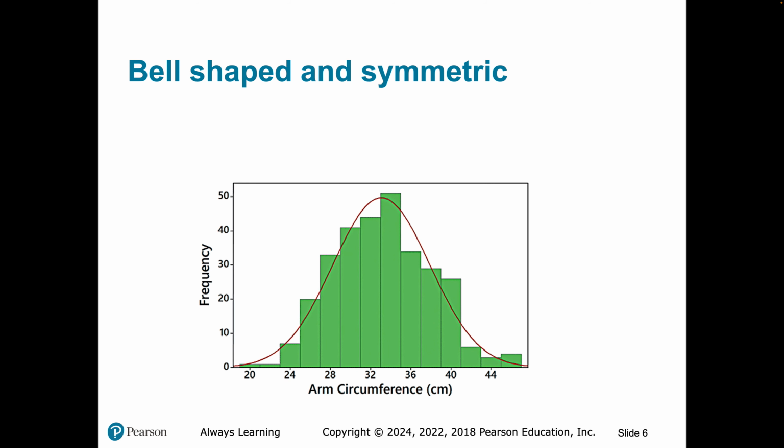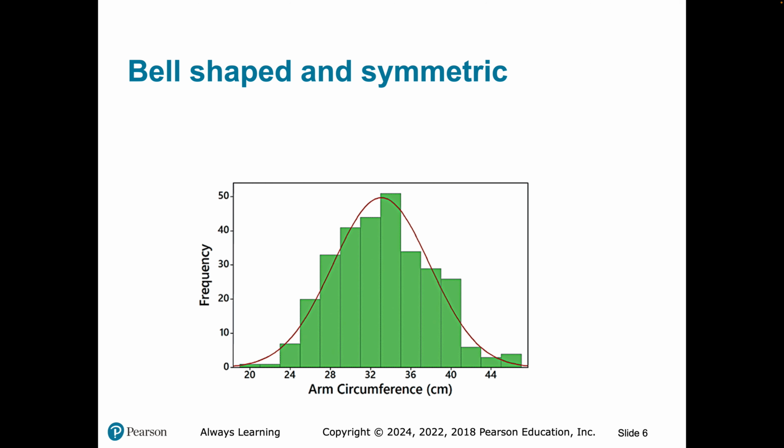Bell-shaped and symmetric is something we hope to see when using many statistical procedures that we'll implement. Because what we'll find out is that once we get fancy and get into the more sophisticated stuff, we'll find that we get into statistical assumptions.